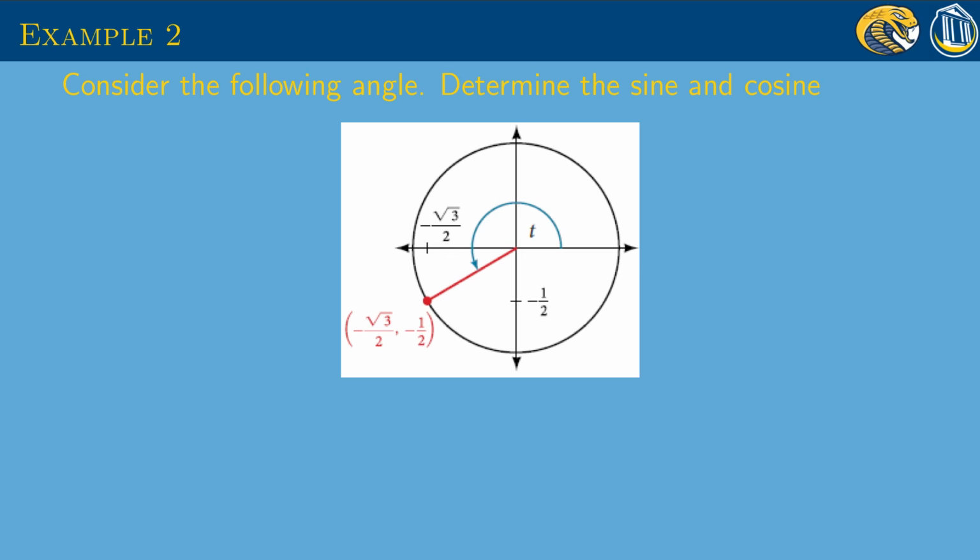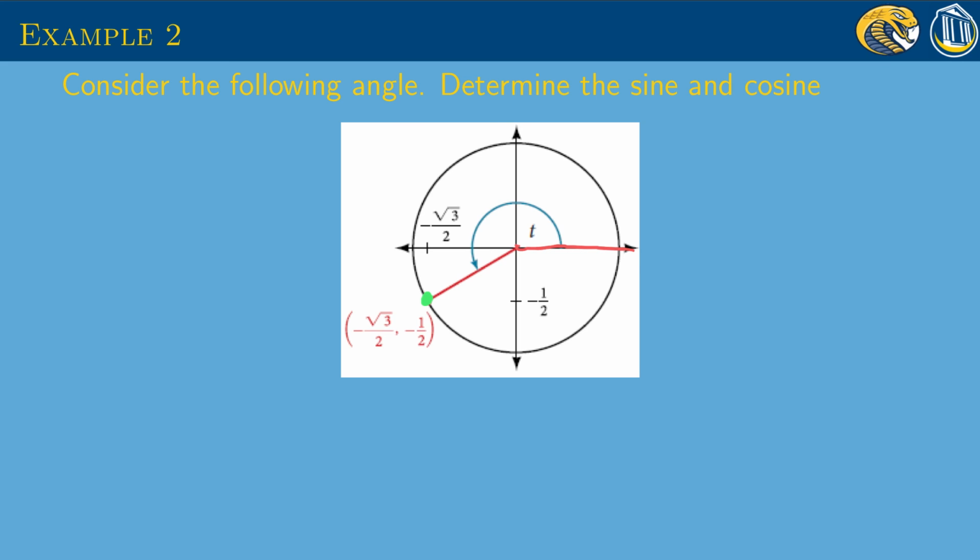Let's take a look at this example here. We'll notice t is a much bigger angle now, starting from the same initial ray and going to the final ray. As before, we don't actually care how big this angle is. We just want to find sine and cosine of t, which are the y and x coordinates of that point.